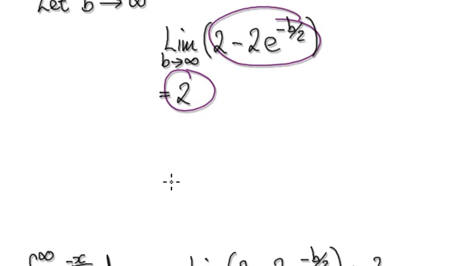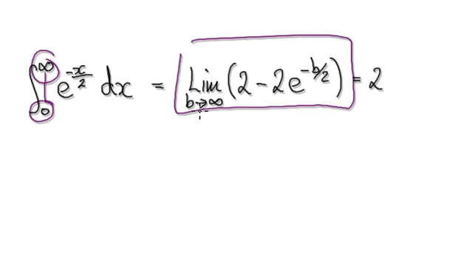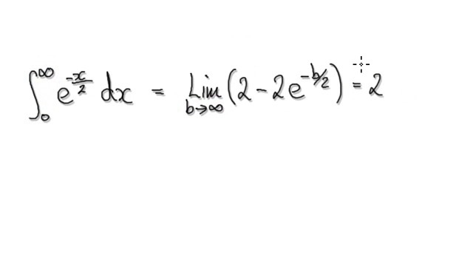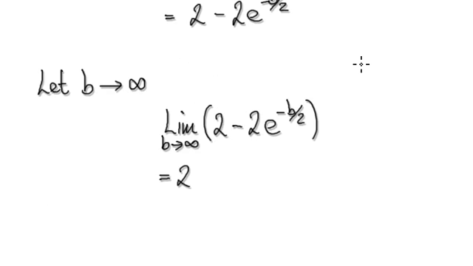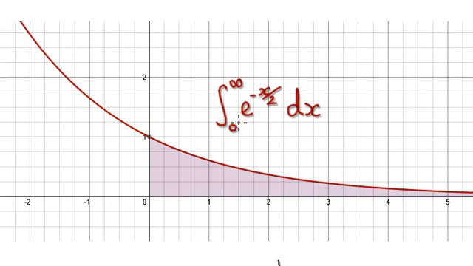So bear with me. To integrate it from 0 to infinity, that's really us letting B tend to infinity. So overall the answer would be 2. Let me just recap. We are trying to integrate it from 0 to infinity, but to do this we just say let's evaluate it to the point B here.